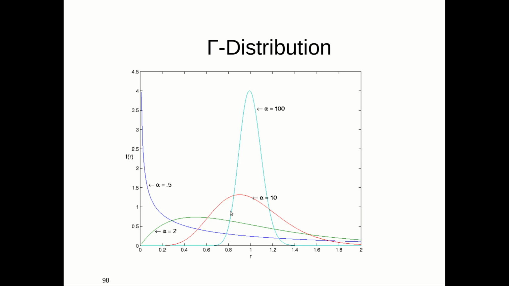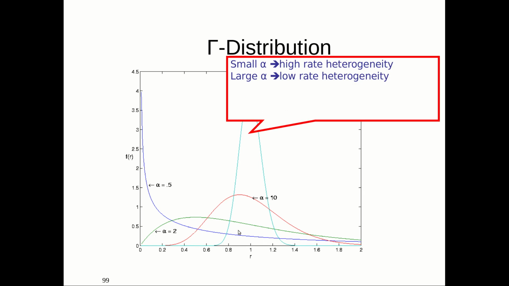So what we're doing with this gamma distribution, given that we've estimated our parameter alpha, is that we essentially integrate the likelihood over this entire curve, right? So that's what we basically do. As I said before, just as a reminder, small alpha means a high level of rate heterogeneity, and a large value of alpha means a low degree of rate heterogeneity.